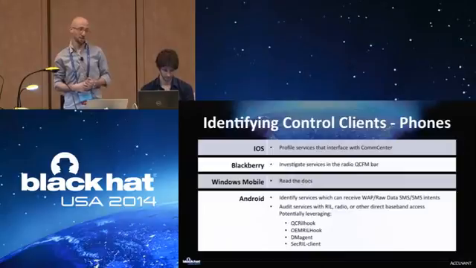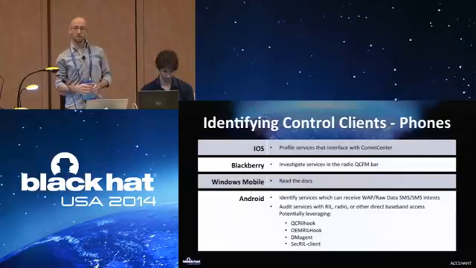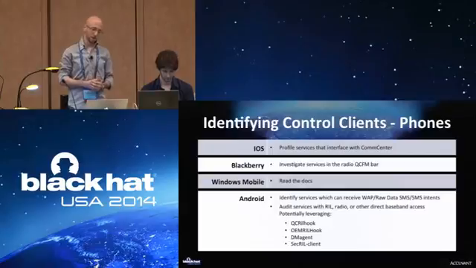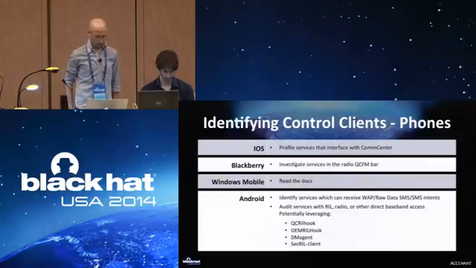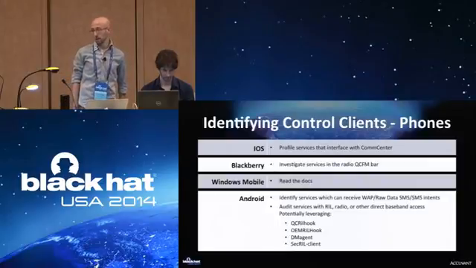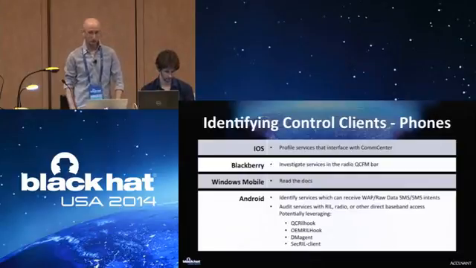We've seen OMA clients, mostly older ones from a few years ago, that actually would receive and take control commands via SMS. Nowadays, mostly other rare types, but also audit anything with services directly to the RIL. So RIL, radio, or any other kind of direct baseband access, usually leveraging the items listed there.